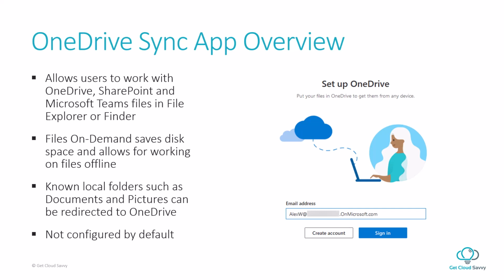The default OneDrive Sync App configuration requires a user to type their Microsoft 365 email address in order to link their local workstation with OneDrive for Business. In this video, we will demonstrate how you can configure the OneDrive Sync App to sync automatically and silently in the background.